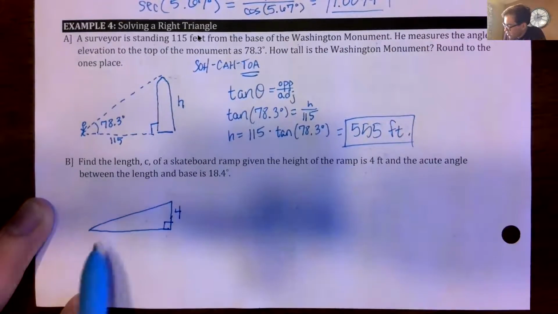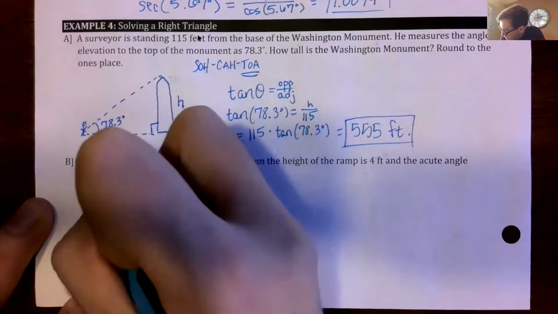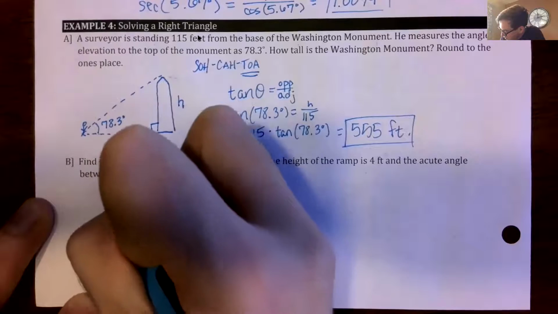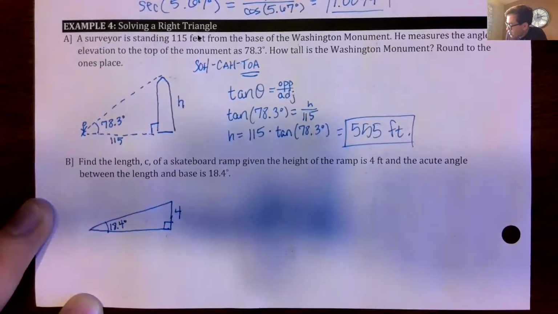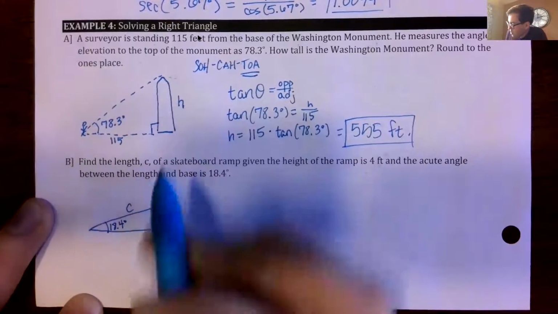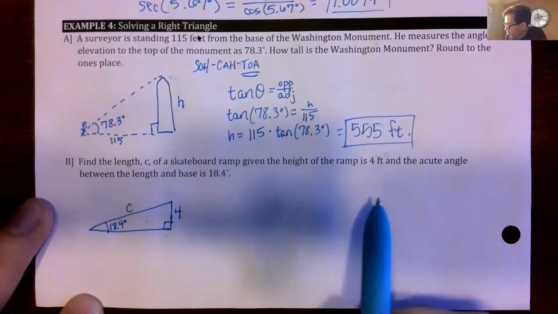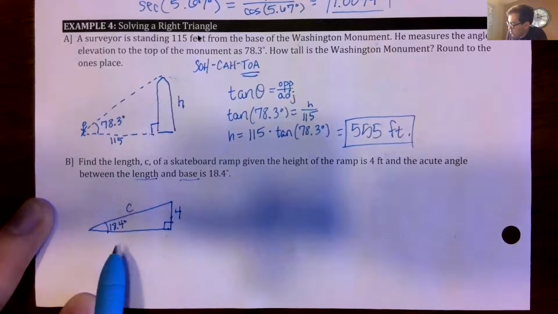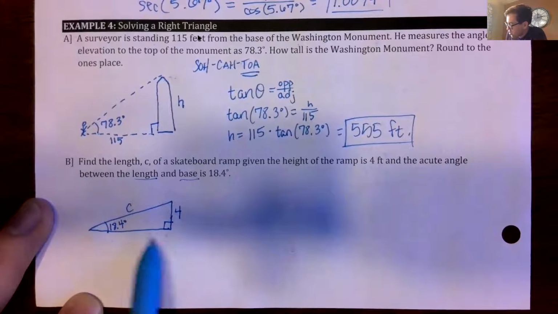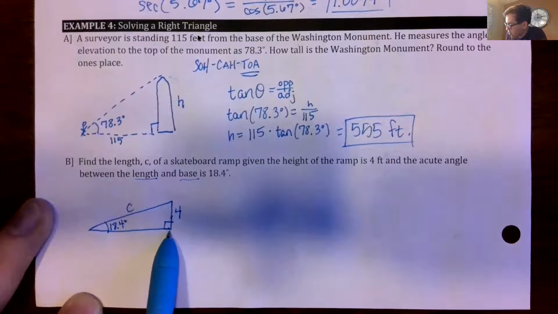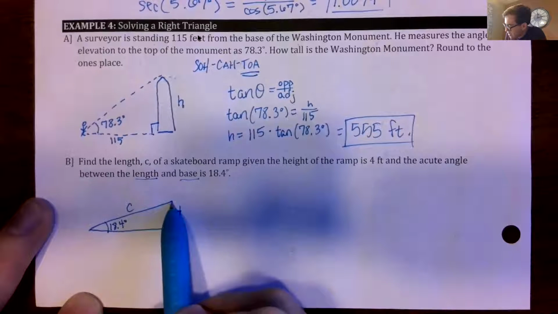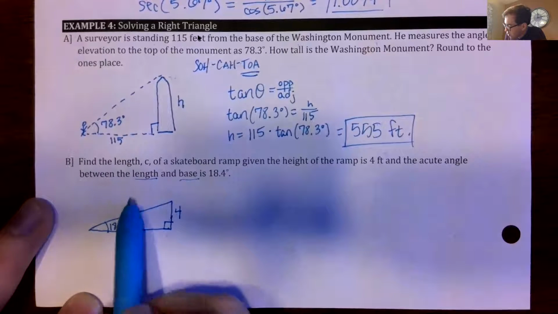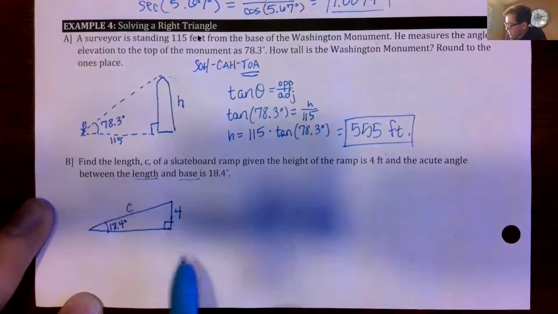The acute angle between the length and the base of the ramp is 18.4 degrees. And we want to know C, the length of the ramp. Based on the fact that we were told the angle between the length and the base is 18.4, you can tell that in this triangle, we're referring to this side as the base and this side as the length. So the length we're calling C. We want to find C.